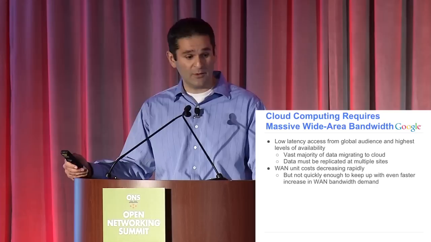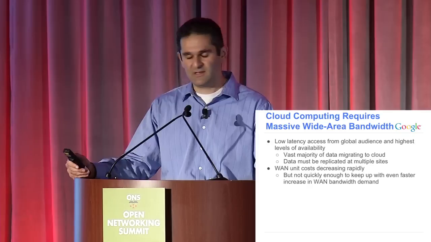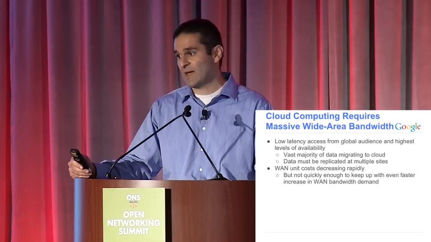So that number might have been 5%, 3%, 1%. It's growing. So we need to be able to manage this and run it effectively, efficiently, and with high availability 24/7. These WAN unit costs are decreasing, and they're decreasing rapidly. Unfortunately, they're not decreasing nearly fast enough to keep up with the massive explosion in WAN bandwidth demands.